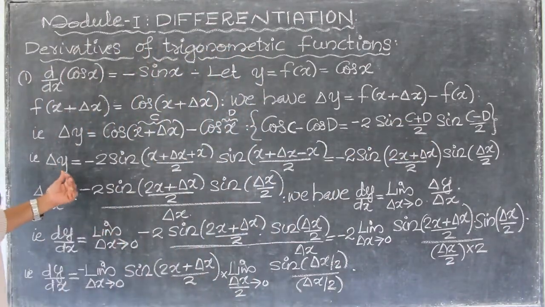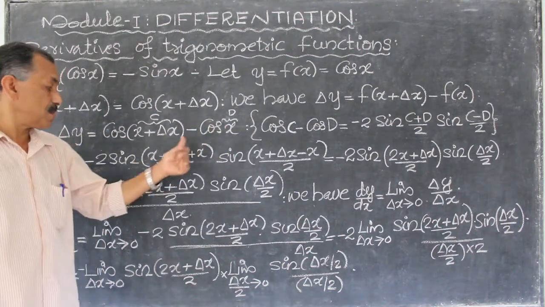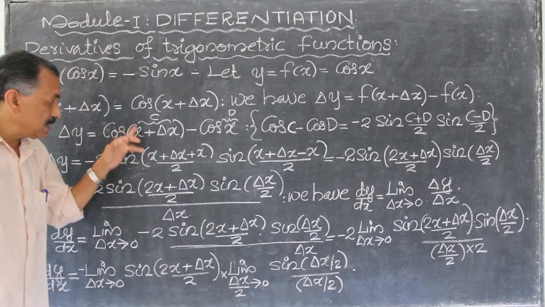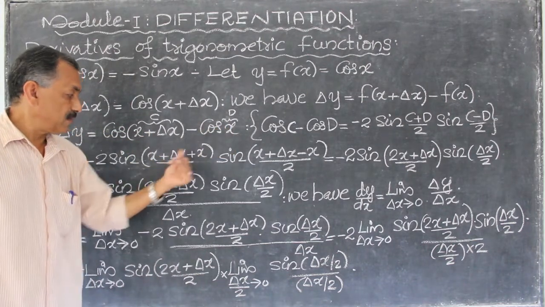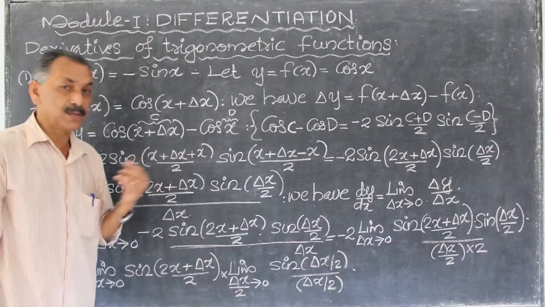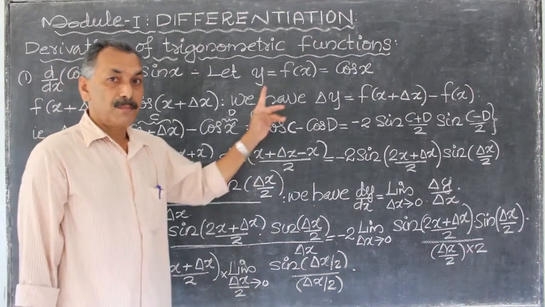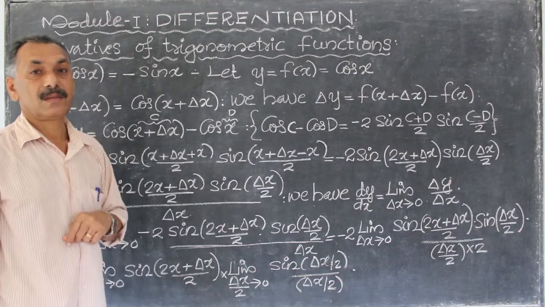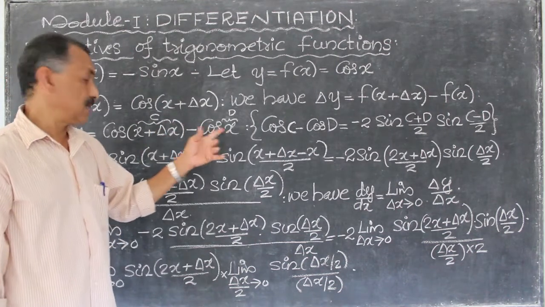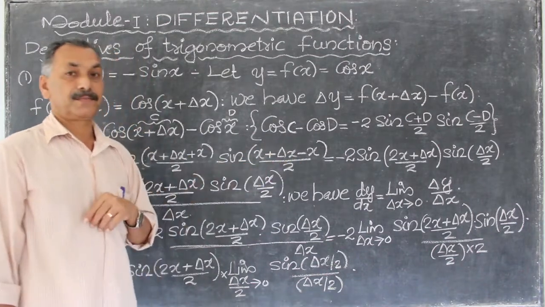Therefore, delta y is equal to, this is cos c minus cos d. What is cos c minus cos d? Minus 2 sin of (x plus delta x plus x) divided by 2, that is c plus d by 2, into sin of (x plus delta x minus x) divided by 2, that is c minus d by 2.